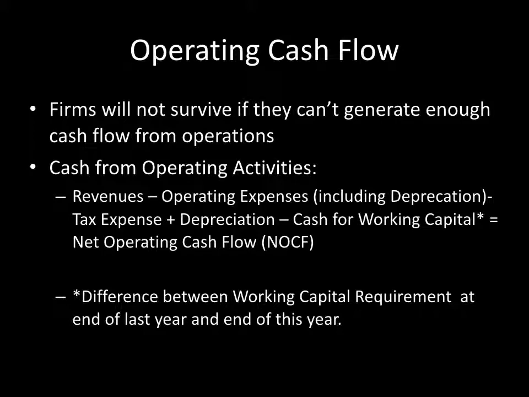You'd subtract out taxes, add back depreciation if that's been included in operating expenses, because that's not really a cash expense. And then you calculate how much cash is being absorbed or created by the change in working capital. In other words, maybe our inventories are going down, that's creating more cash flow, or other examples. And that gives us what we call our net operating cash flow.